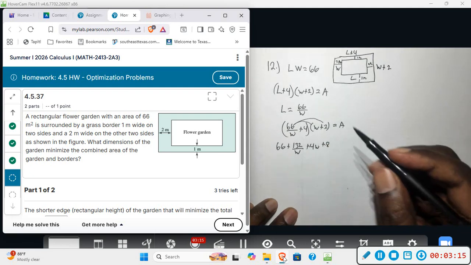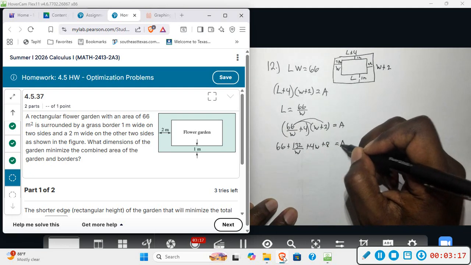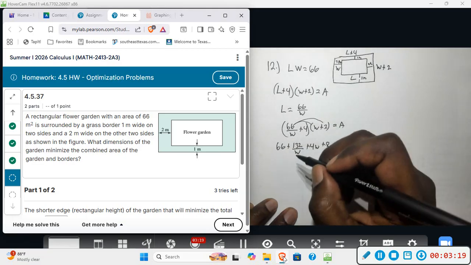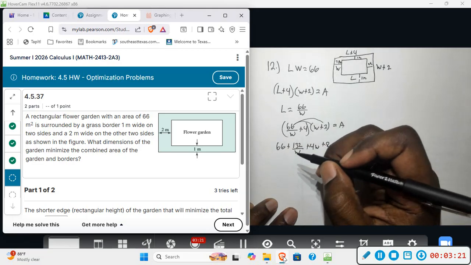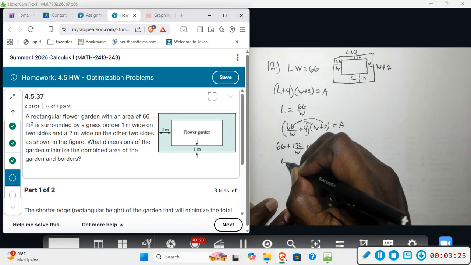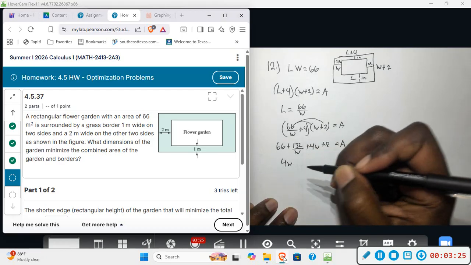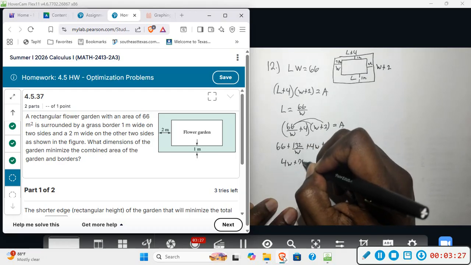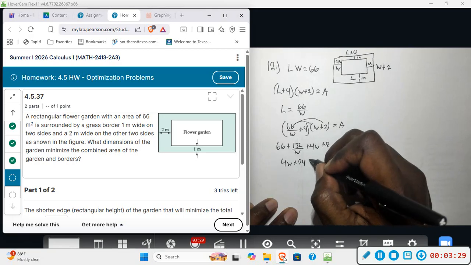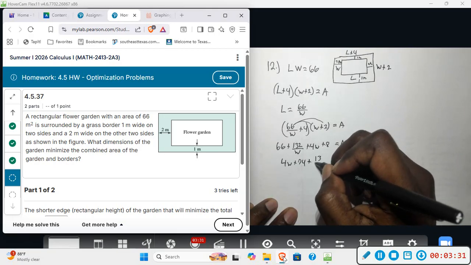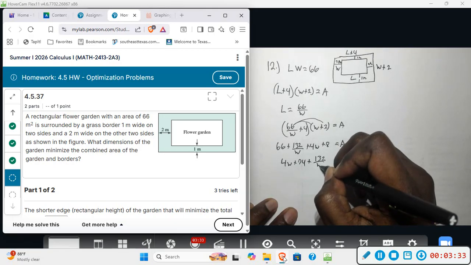And then we can add the 66 and 8, and that will give us 74. So say 4W plus 74 plus 132 divided by W.